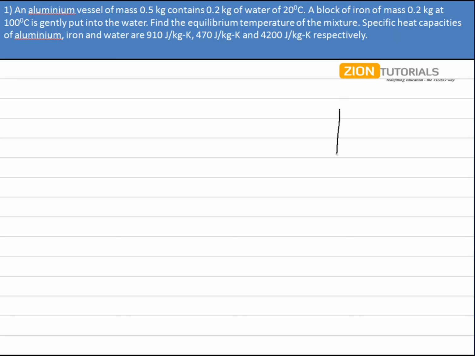Let's say this is my aluminium vessel and water is filled in it, and there is some iron block that is placed inside the aluminium vessel. So the mass of aluminium is 0.5 kg, mass of water is 0.2 kg, and mass of iron is also 0.2 kg.